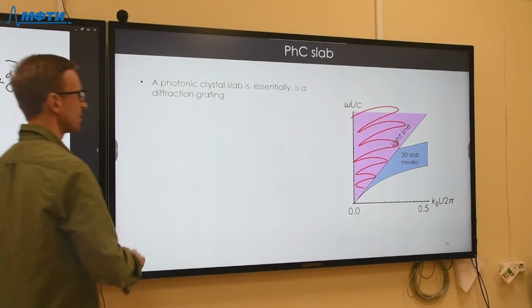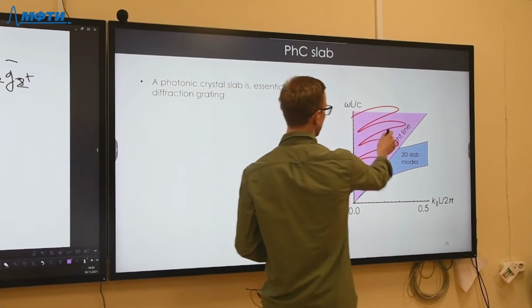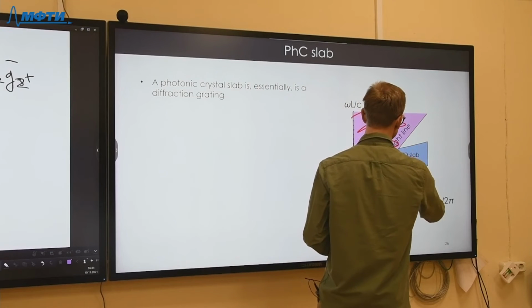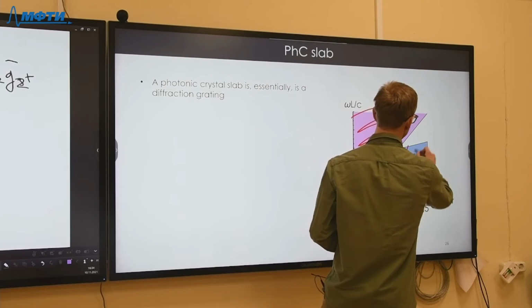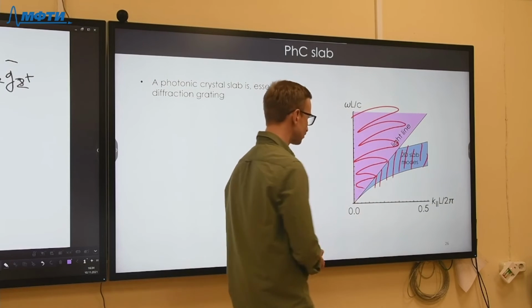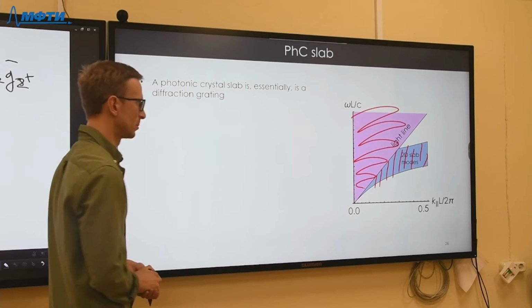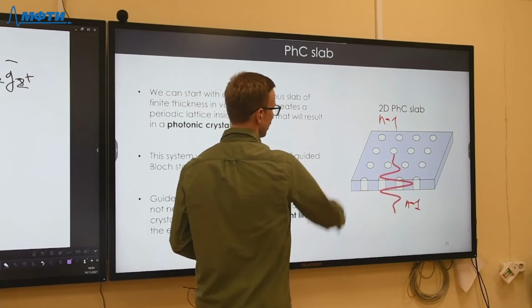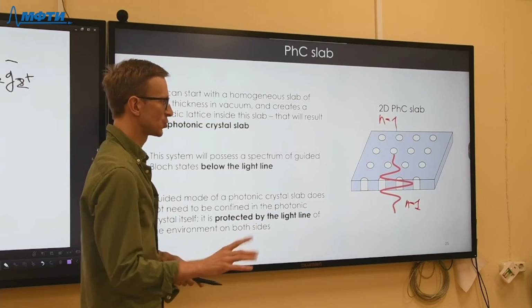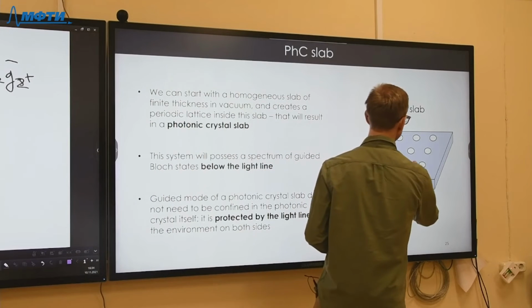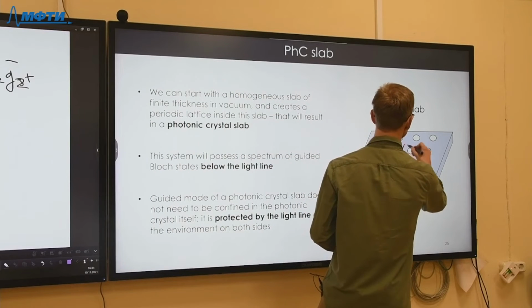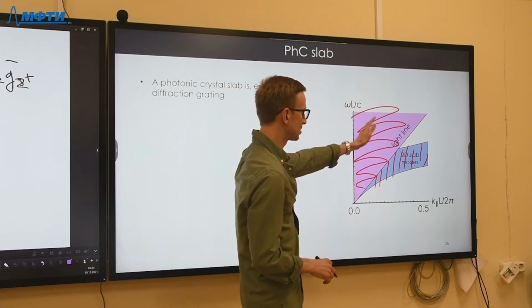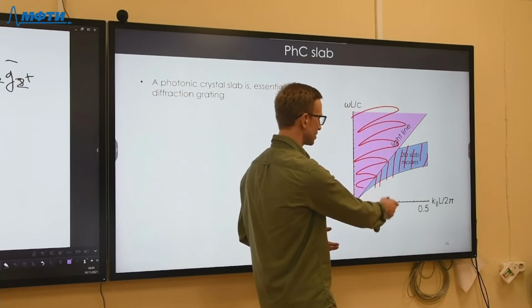So generally, we cannot have any guided modes in the radiating region. And all guided modes will be located here below the light line, where they are protected from radiation into the environment. And again, because this particular example that I draw is anisotropic, because propagation in this direction and in this direction is different, the frequencies or wave vectors will be different.